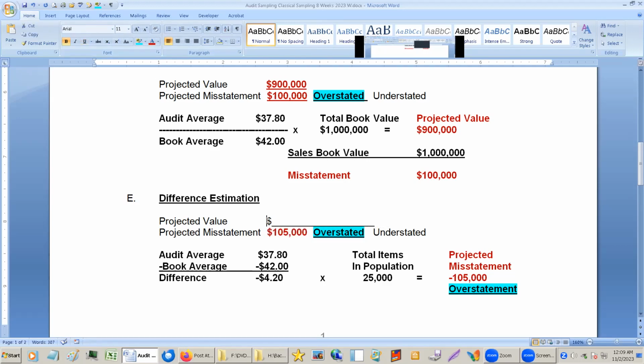And so the projected value will be 895,000. And the calculation for that is the book value of 1 million minus the misstatement.